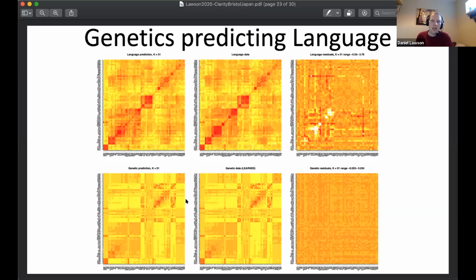However, if we learn the genetic similarity and then predict the linguistic similarity, we find that we get this reconstruction, top left, of the language data, which is the top middle. You can probably see that these two things are extremely similar, despite the fact that the genetics data doesn't really look like that. That's because it has the same clusters, or the same soft clusters. Specifically, it has the same mixtures. And looking at the residuals is very informative, so I'm going to zoom in on that on the next picture.